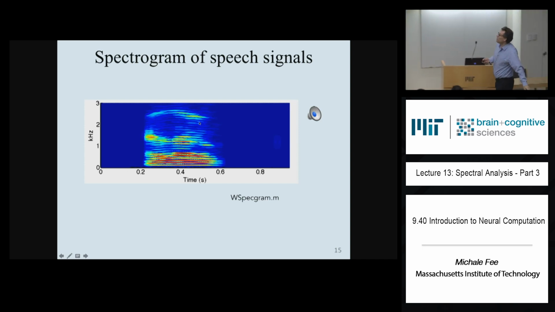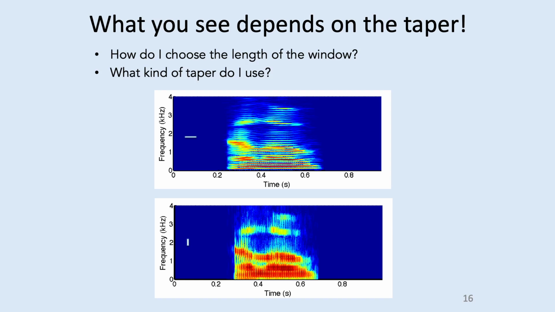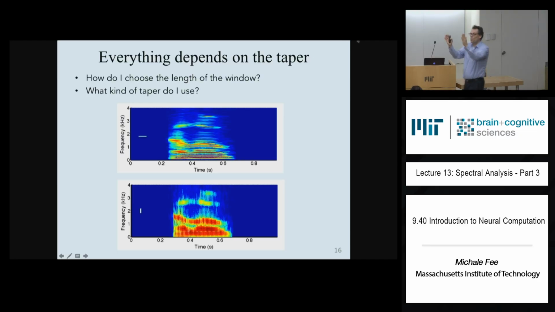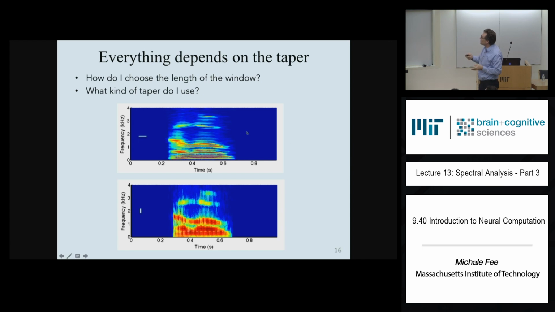Now what's really cool is that you can actually focus on different things in a signal. For example, if I compute the spectrogram with a really long window, then I have high resolution in frequency, and the spectrogram looks like this.